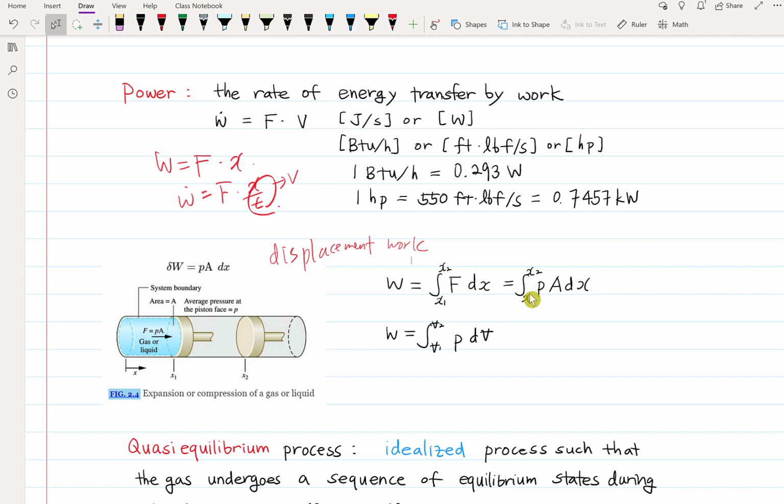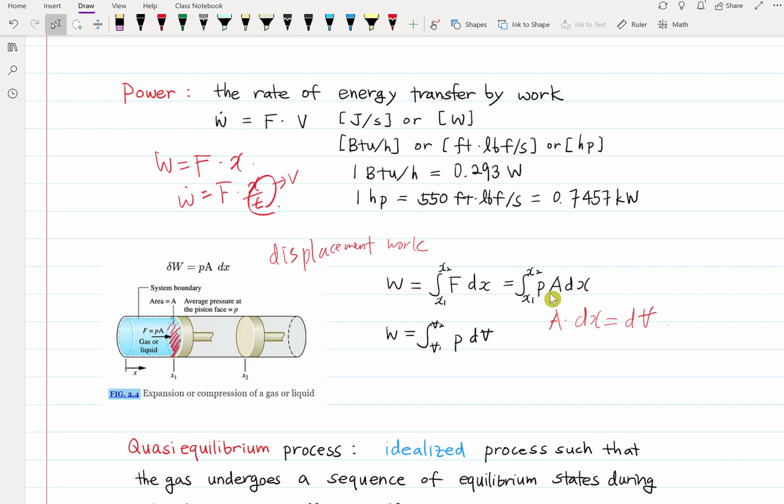Force can be expressed by pressure times area, where A is the area of the piston. And the quantity A times dx is dV, the differential volume.